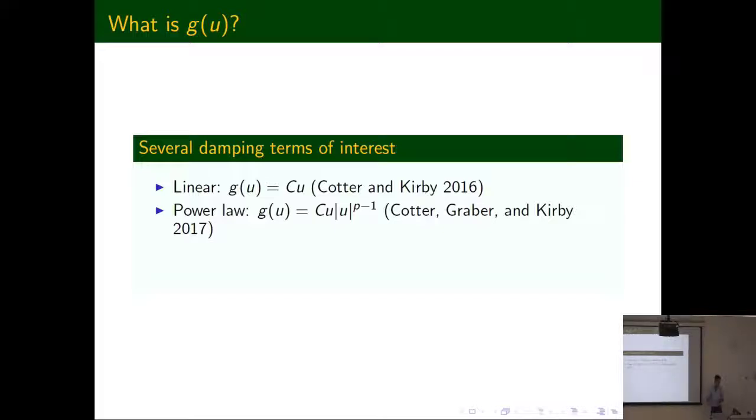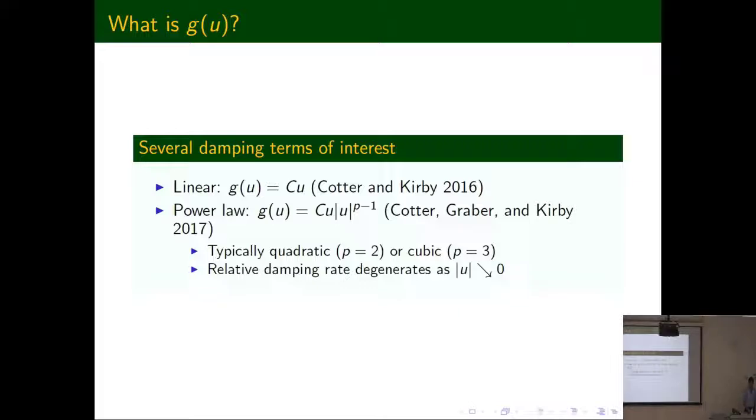And that's really the purpose of that paper that we've got up. So typically we think about p as 2, which is called quadratic damping, because then it's U times the modulus of U, or maybe cubic damping. So those are interesting things.